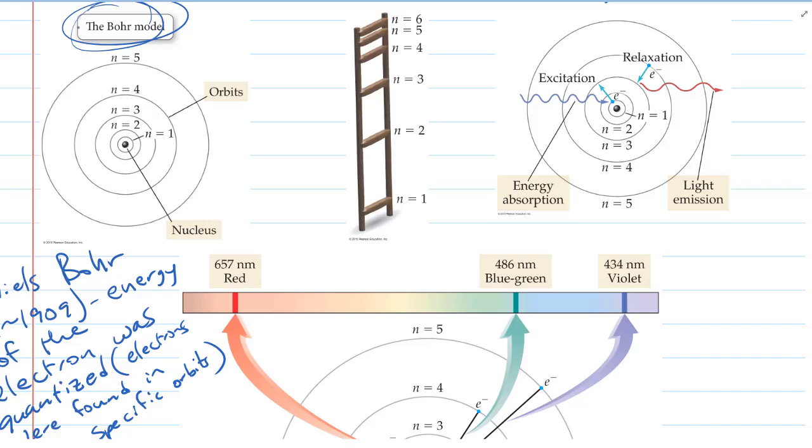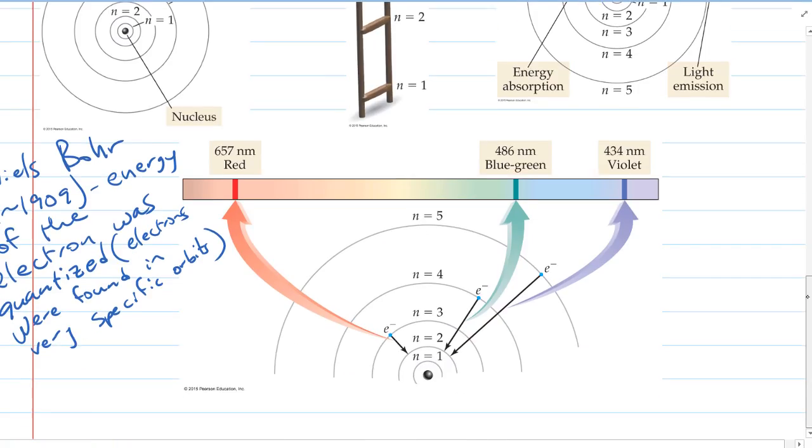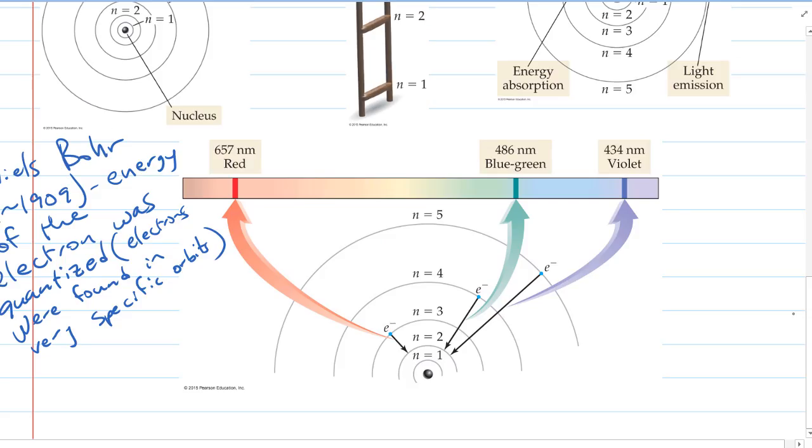But here's basically what would happen. First of all, let's say that I have this wood block right here. This wood block can have different amounts of energy. I could hold this wood block up off the floor really high, or I could hold it down here on the ground. Depending upon its position, it has varying amounts of potential energy.